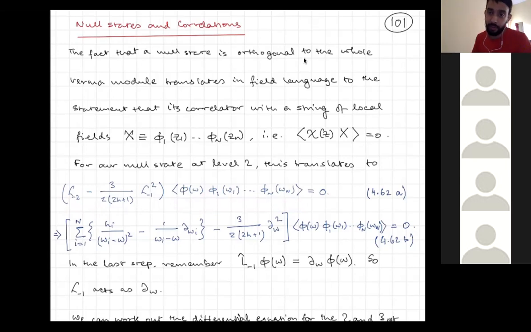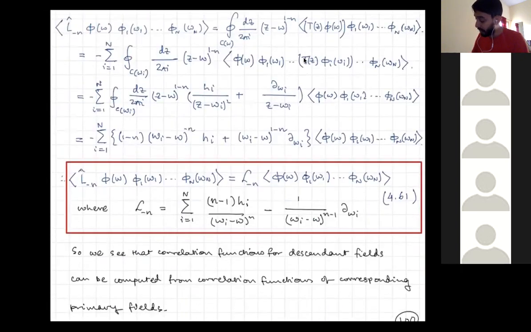Remember that if you have a null field, this chi field is also related to another primary phi in this way. So now you have the n plus 1 point function of primary fields, and you have this particular operator acting on it, like you saw from here, right?